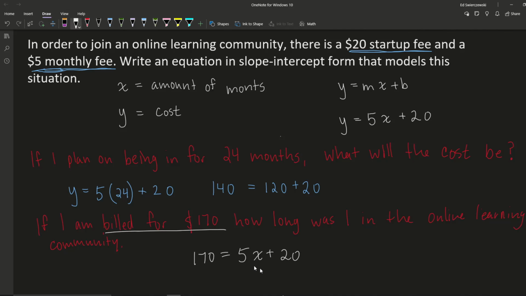And I encourage you to try to solve this on your own now. So I'll go ahead and insert this. So I'm going to subtract 20 from both sides. So this would be 150 equals 5x. Divide both sides by 5. And you're going to get x is 30.